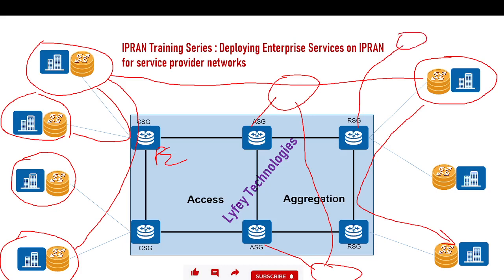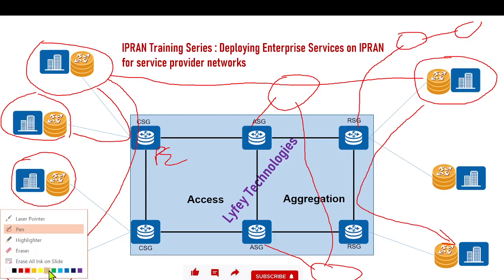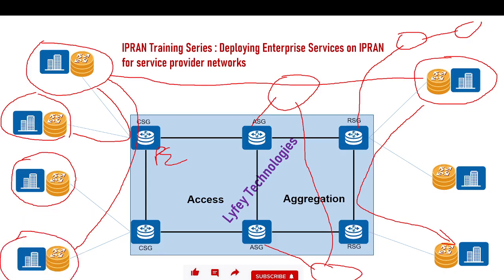This core network is connecting to the internet, and this customer requires that he should be able to access internet services via the service provider networks. So this one can also be configured as an enterprise service and provide internet services to the customer through our IPRAN network. So this is just an overview. In the next slide, we'll see different setups.